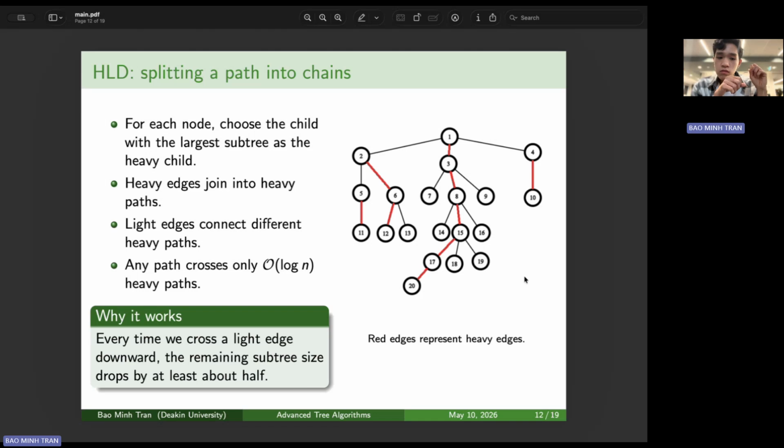Briefly, from our definitions of heavy and light child, if we go to the light child, the size of the subtree is reduced to at most nearly half every time we pass a light edge.